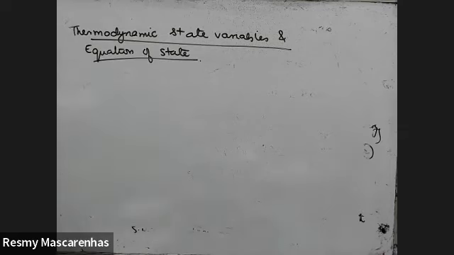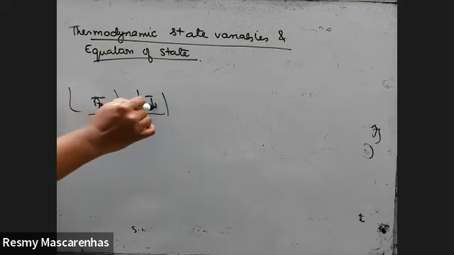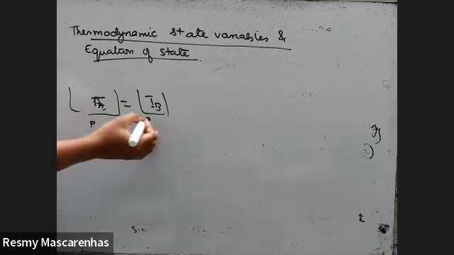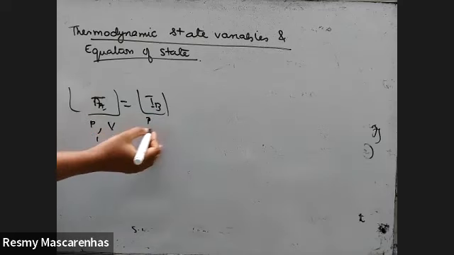Any thermal equilibrium state has to be described based on something. When we say any two things are at equilibrium, when temperature TA equals TB, then we say these are at thermal equilibrium with each other. Same way, there could be pressure involved, there could be volume involved, then they change P1, V1, P2, V2.